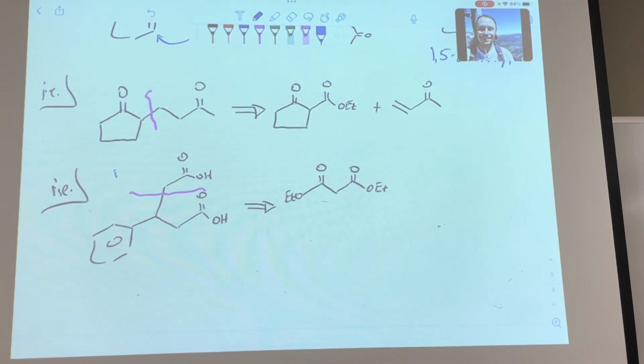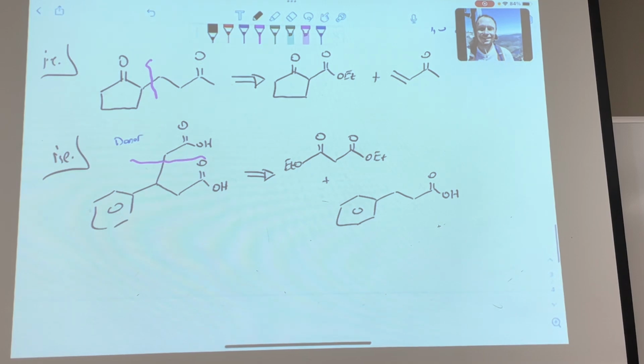That could be the Michael donor, which means everything below the pink line would have to be the Michael acceptor. Is that a viable Michael acceptor that I'm drawing? No, because I don't have my double bond there. Now it is.